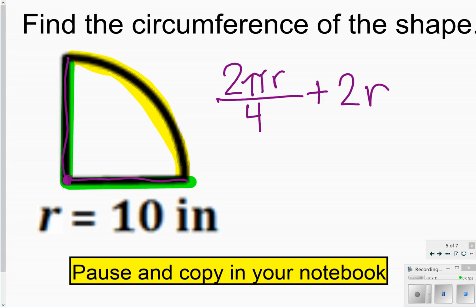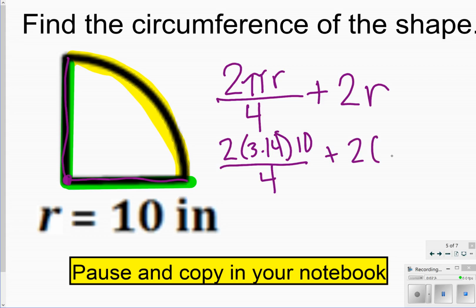All right, well, let's plug in our numbers. So 2 times 3.14 times our radius of 10, and we're going to divide the whole thing by 4, and then we're going to add 2 times 10. If we use the commutative property of multiplication, we would have 20 times 3.14 divided by 4 plus 20.